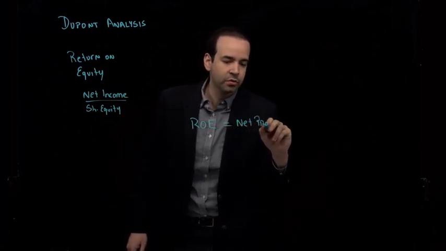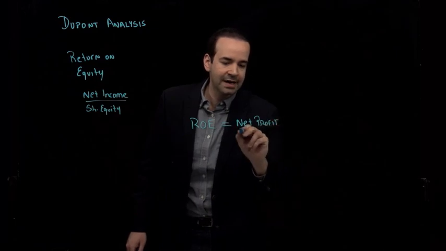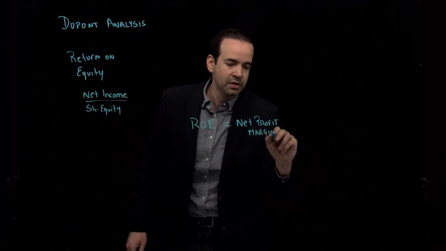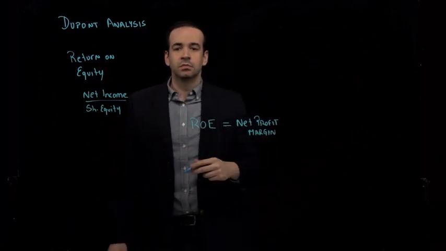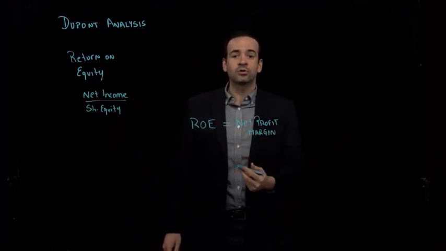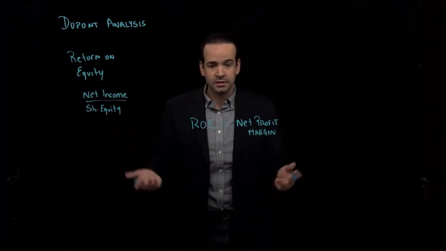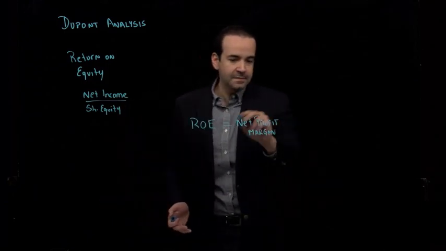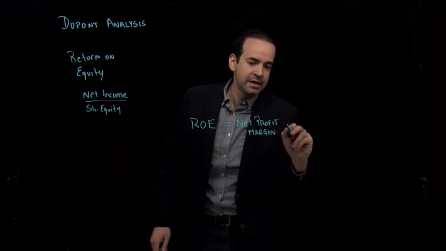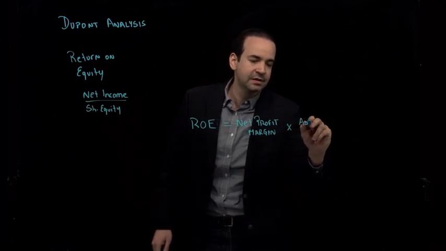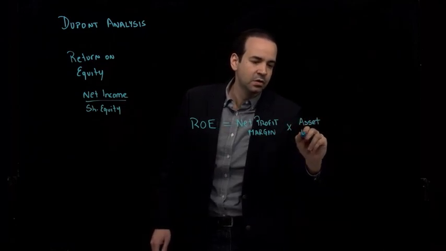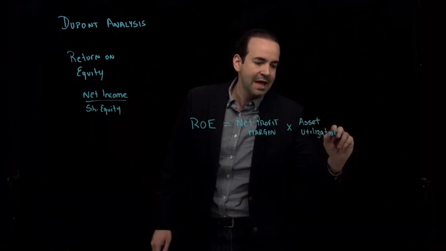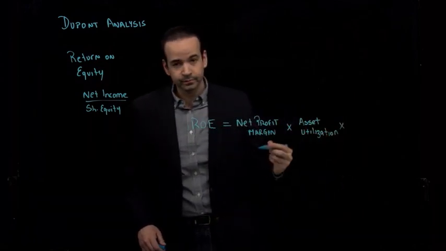I'm going to go through the intuition behind this, and after that I will show you how this formula makes perfect sense and how you can remember it without even having to have it on a formula sheet or something like that. So we have net profit margin, and then we have asset utilization or asset turnover, and finally we are going to have the equity multiplier.